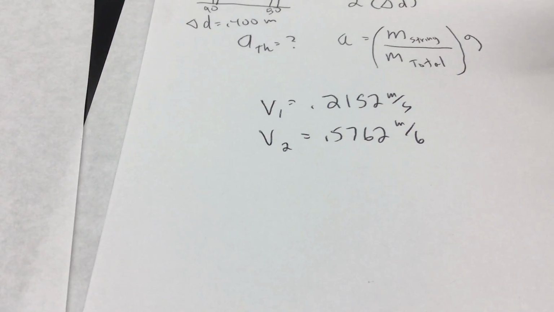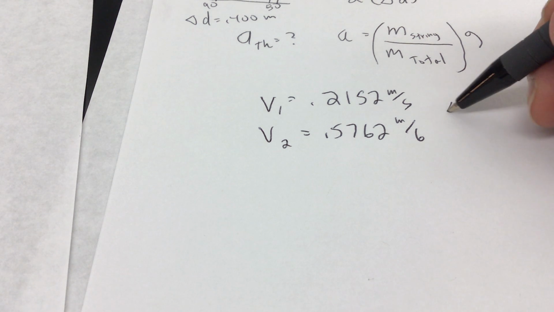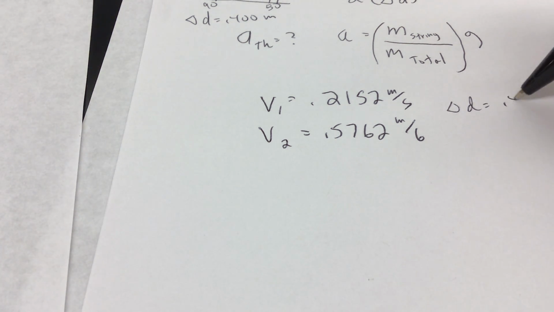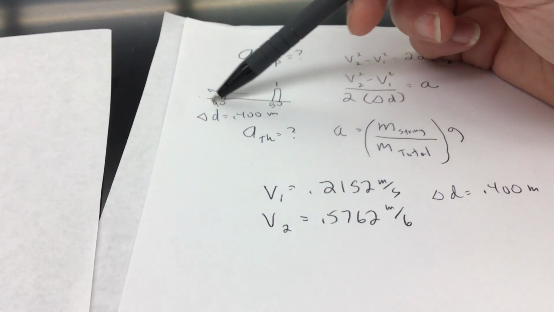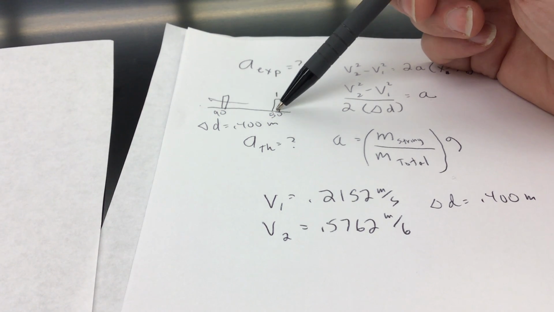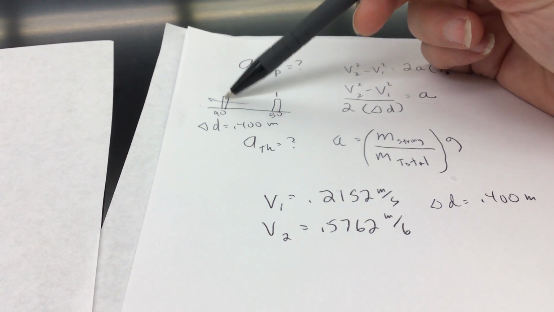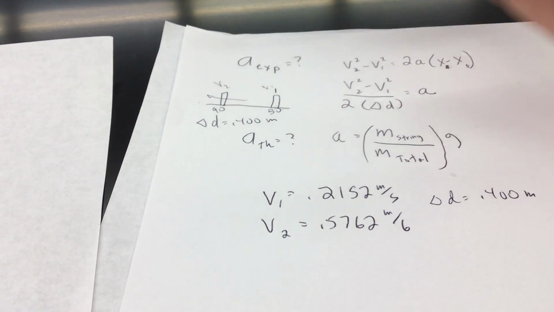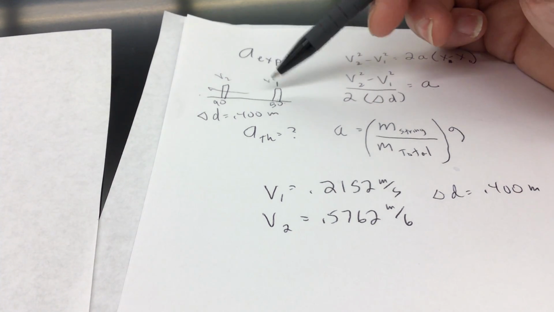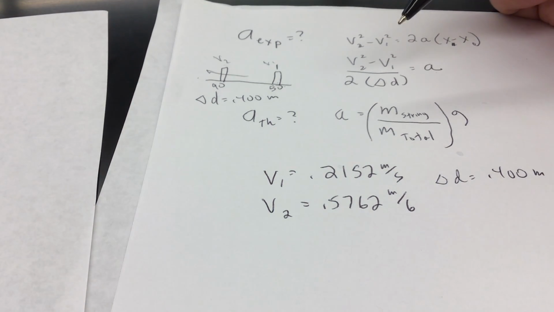We also know that the delta d is 0.400 meters. I know there was another delta d in there, that was from measuring the velocity. Now we're looking at the whole track, and the cart's moving through 2 different photo gates. There's a velocity V1 at this photo gate and a velocity V2 at the second photo gate. The distance between them is what goes down in this bottom formula.